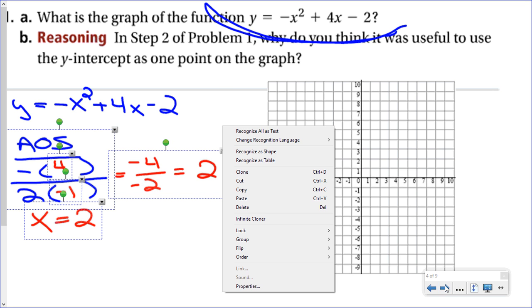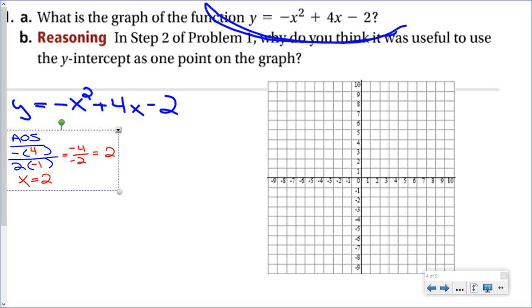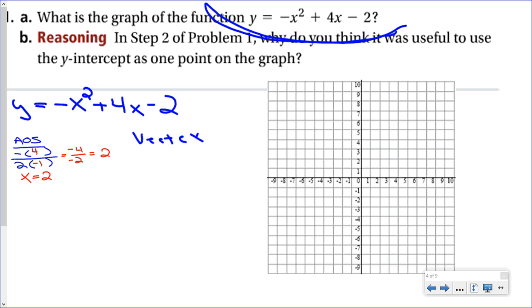Now we're going to use that for a vertex. All right, so our vertex is a coordinate, and the coordinate is located at 2, comma, and we're going to find out what our y value is.